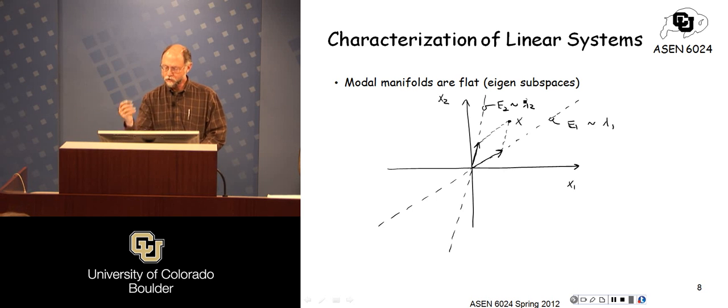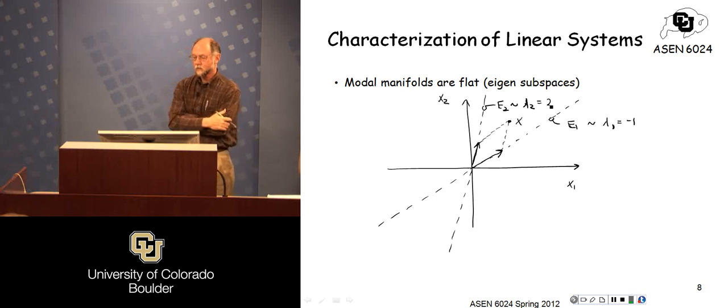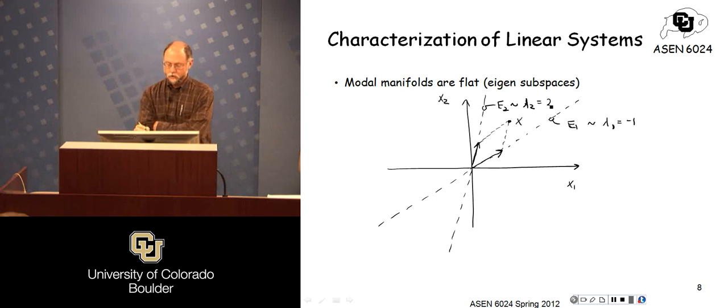So here, just to do another case, suppose lambda 1 was equal to minus 1, but lambda 2 is equal to 2. Starting at this initial state, what happens? The E1 component dies off, but the E2 component grows exponentially.